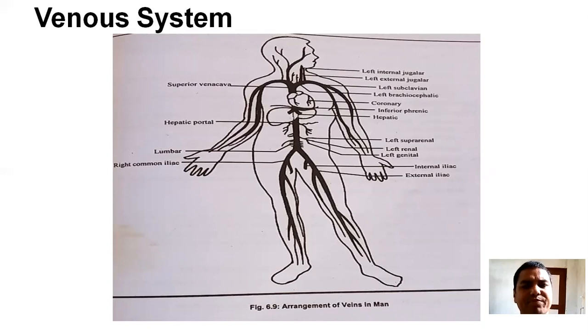But from the right auricle, superior vena cava and inferior vena cava arise. Superior vena cava collects the impure blood from the upper parts of the body, and inferior vena cava collects the impure blood from the lower parts of the body.